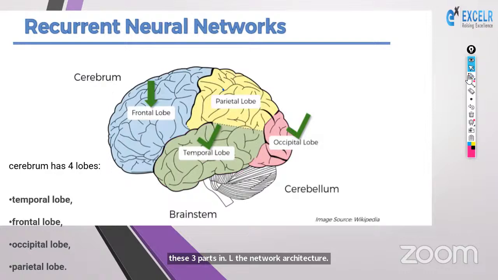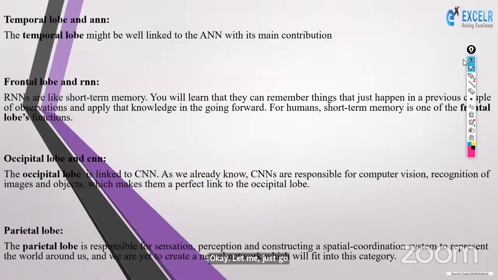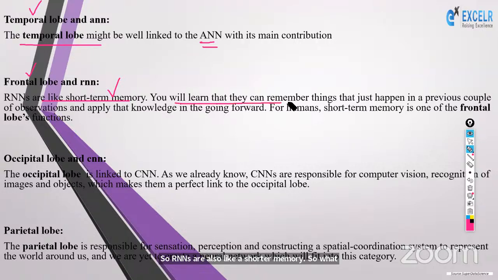Let me just go through these slides also. Yeah. So for the temporal lobe, we have replicated it with the NN architecture. The frontal lobe is like a short-term memory, so RNNs are also like a short-term memory. As you will learn, they can remember things that just happened.